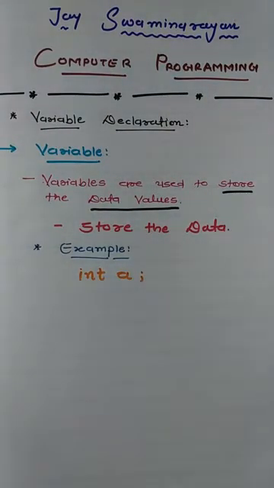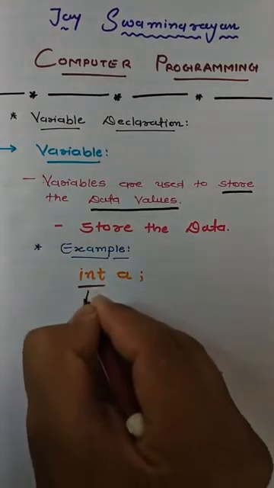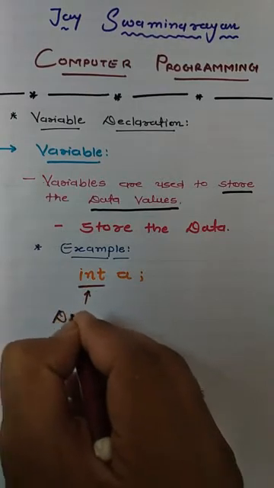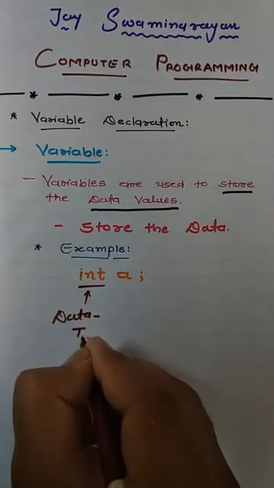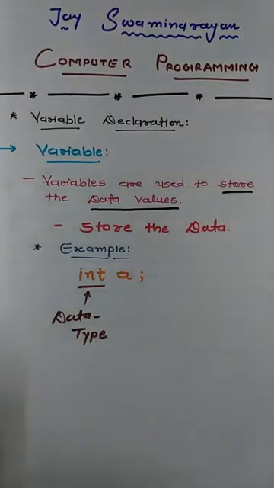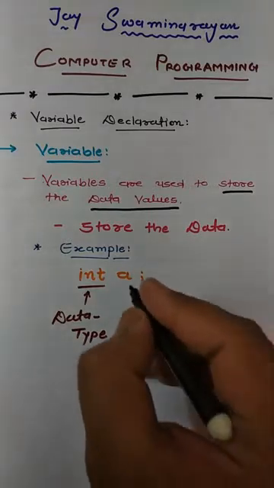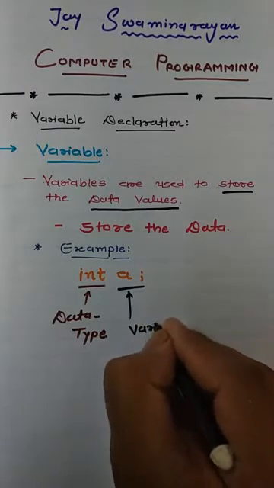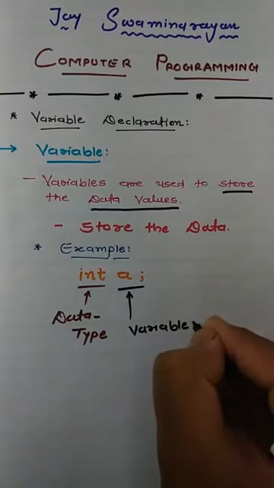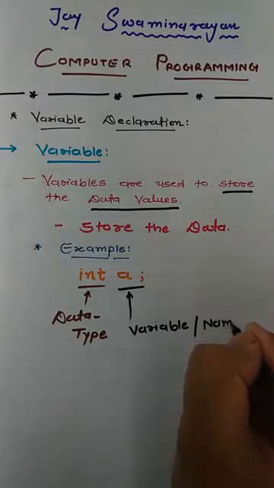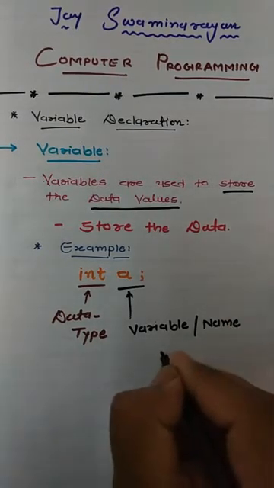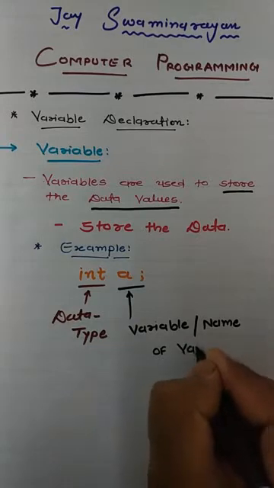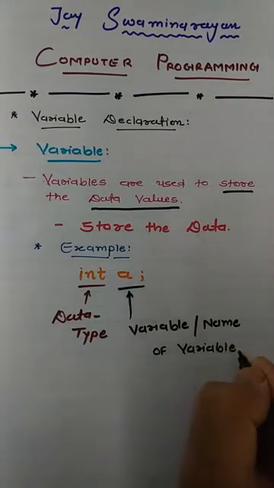Okay, so here integer is data type and a is a variable, or name of variable.